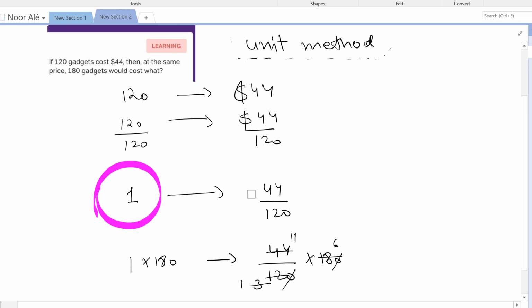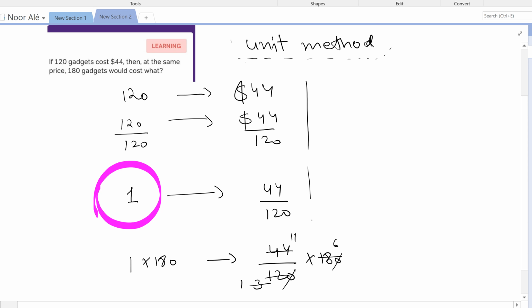You don't have to simplify that, because your ultimate destination is that number, right? You have to find out the cost for 180 gadgets. So multiply both sides by 180 and then simplify them. Okay, I see.